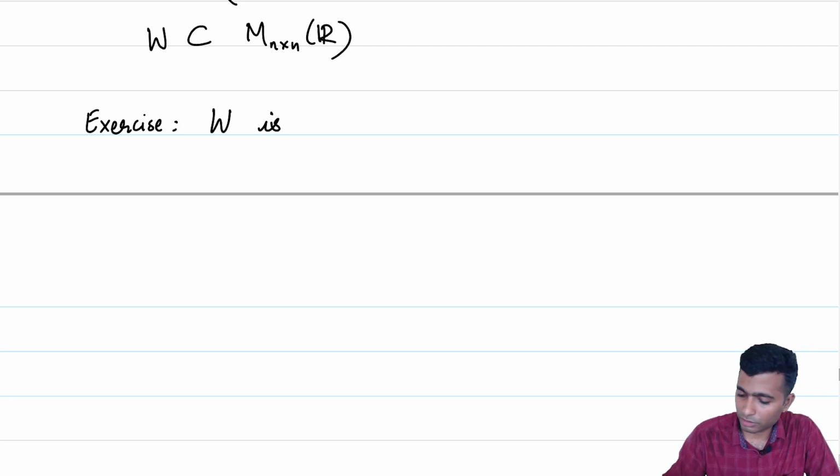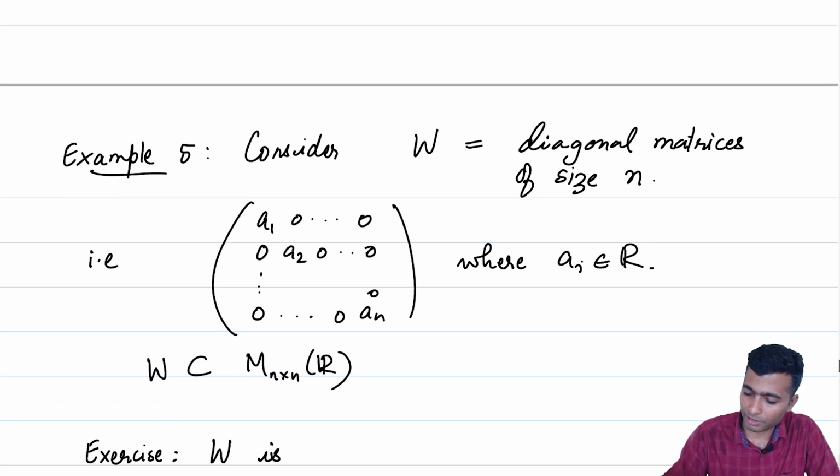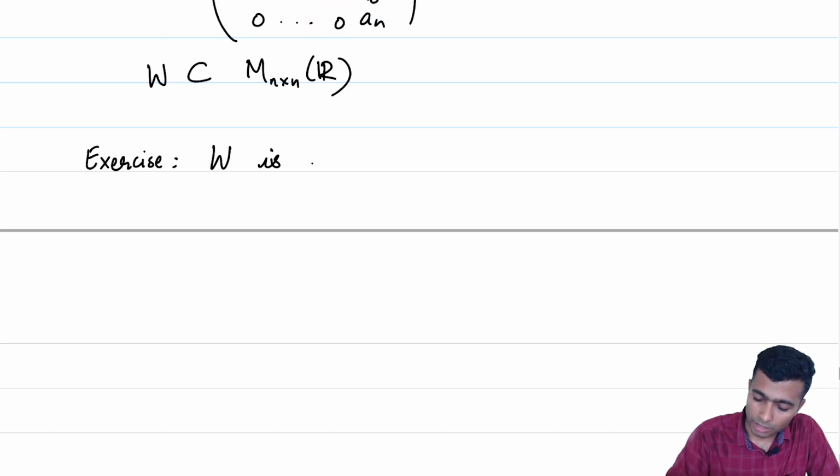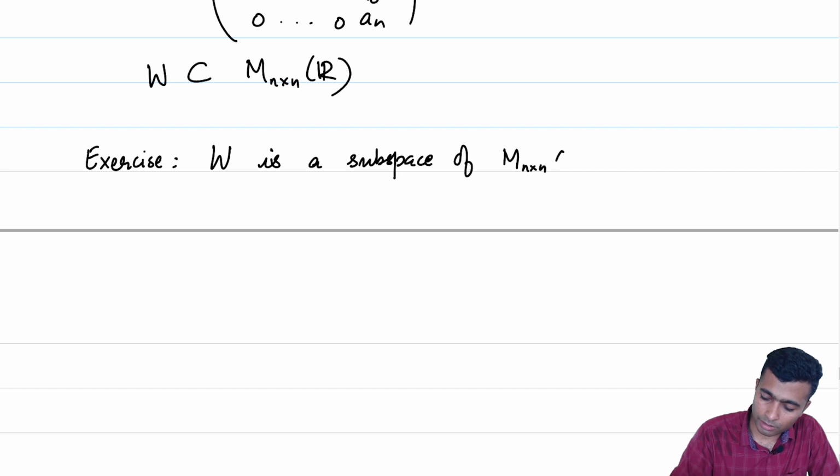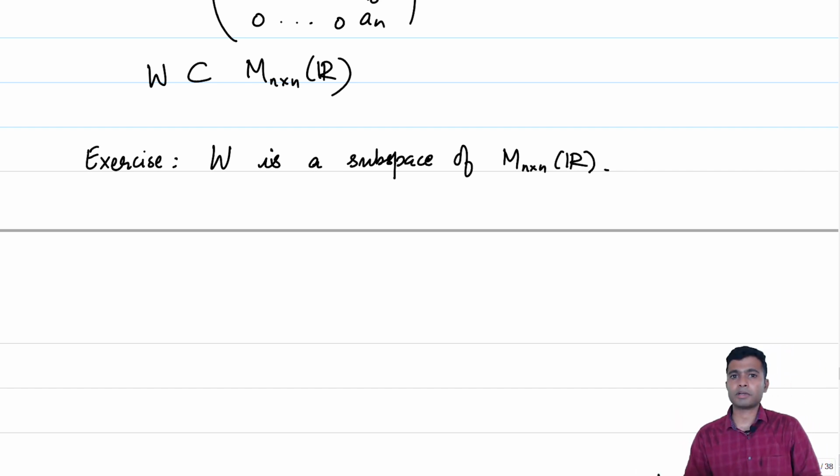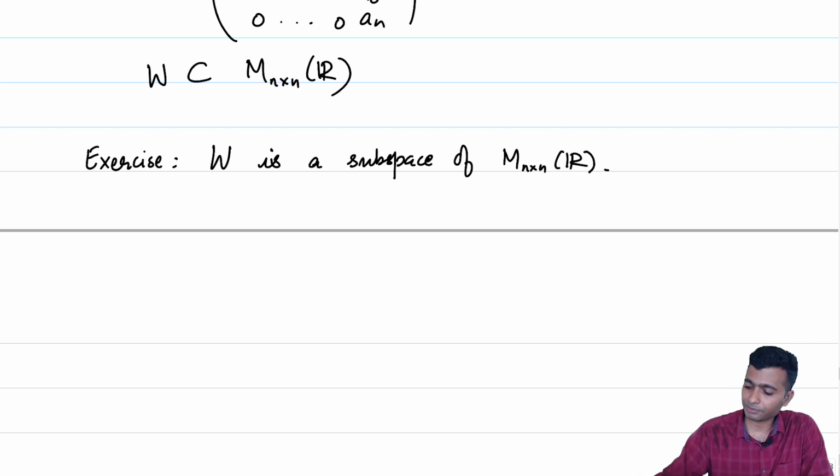Maybe I should call it D for diagonal matrices, it does not matter. W is a subspace of M n cross n of R. So, diagonal matrices are subspaces of M n of R. In particular, if you just consider diagonal matrices of size n, that is a vector space.